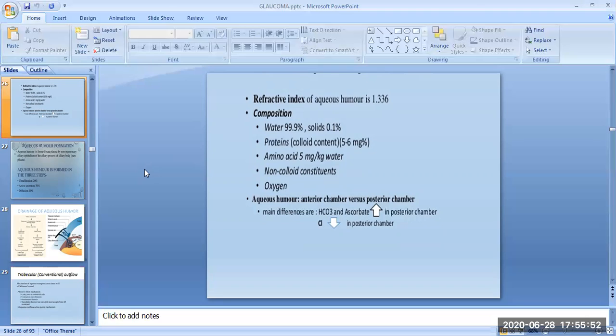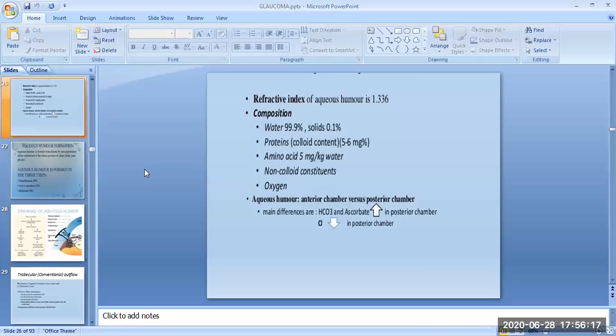Amino acid constituent of aqueous humor is about 5 milligram per kg water, and non-colloidal constituents in millimoles per kg water are glucose, urea, ascorbate, lactic acid, inositol, and potassium ions, sodium ions, chloride ions, bicarbonate ions.